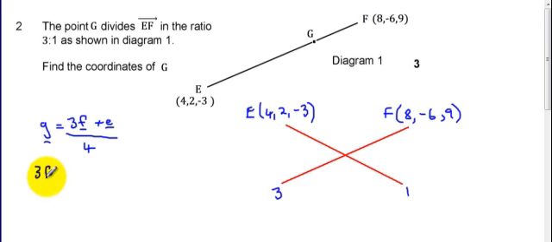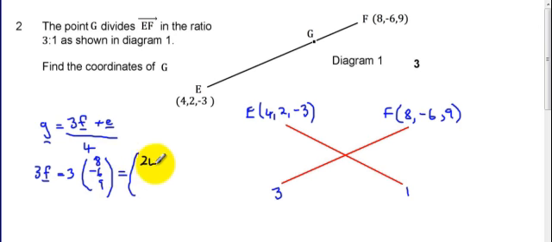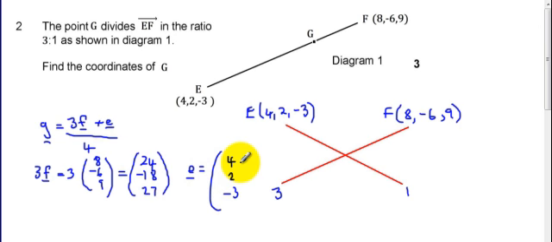Now, 3 times F is 3 times (8, -6, 9). And that is (24, -18, 27). Position vector E is (4, 2, -3).